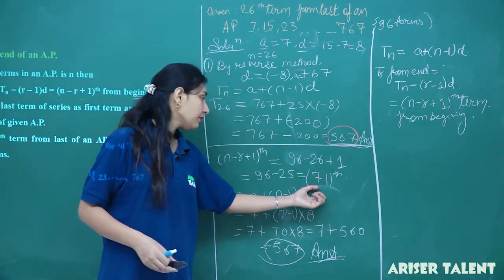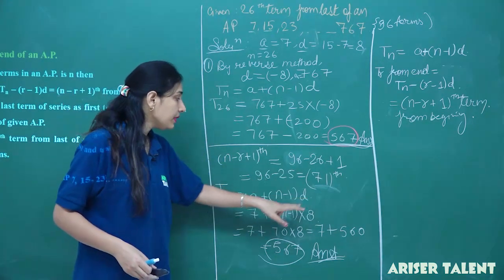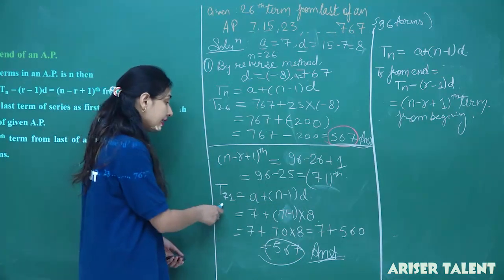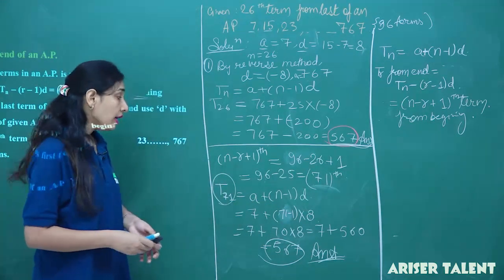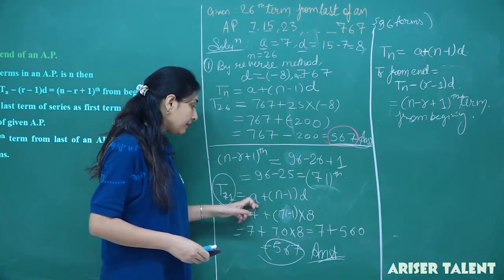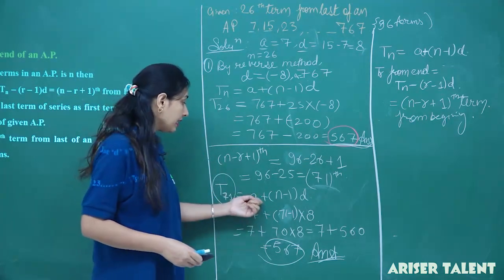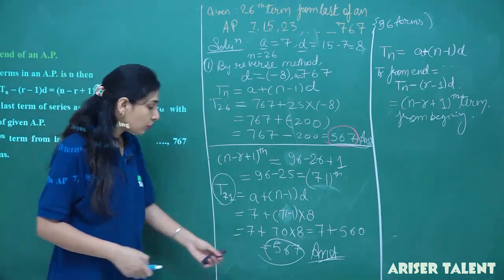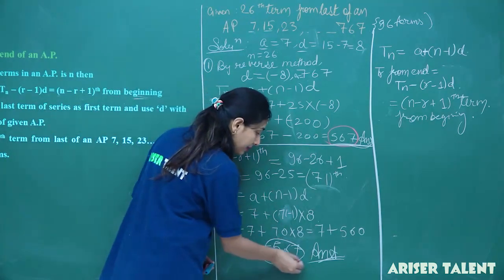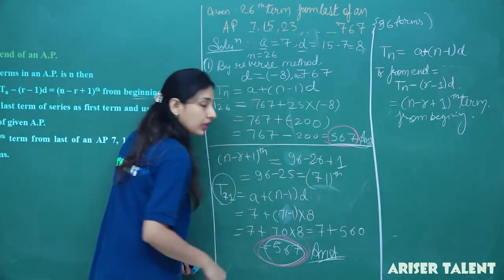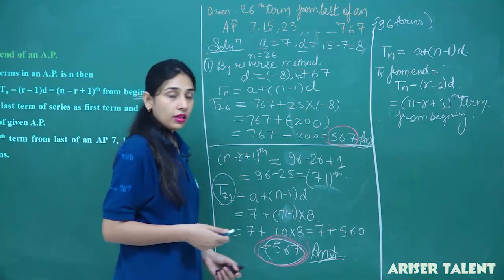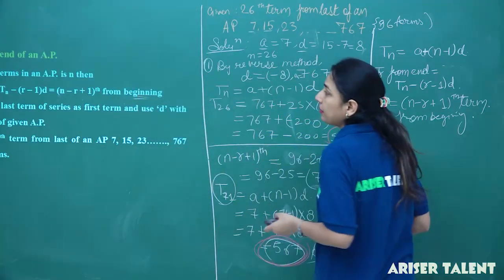Now this 71 is used as n here, because you are finding Tn. So T71 means n equals 71, A plus (n minus 1)d, put the value n equals 71, and you will get the same answer here also. Okay, so this is the first method and the second method.